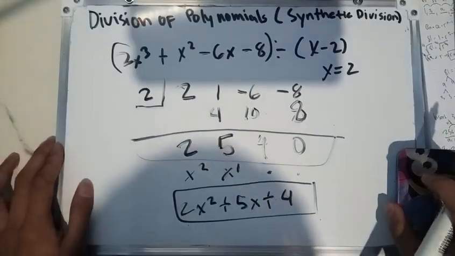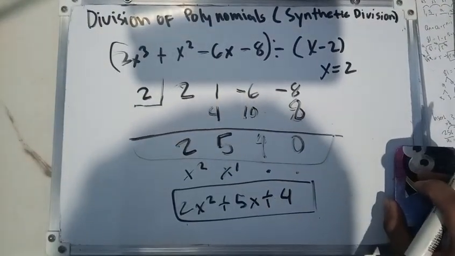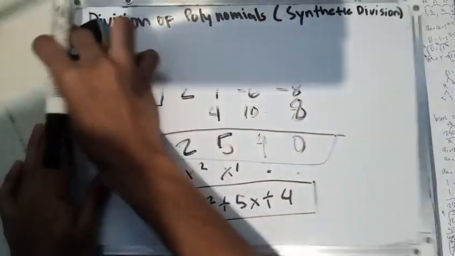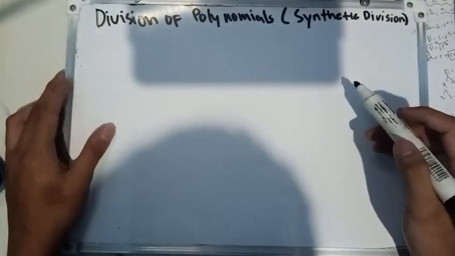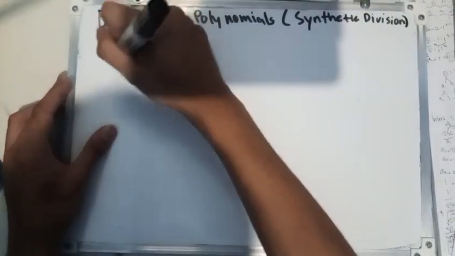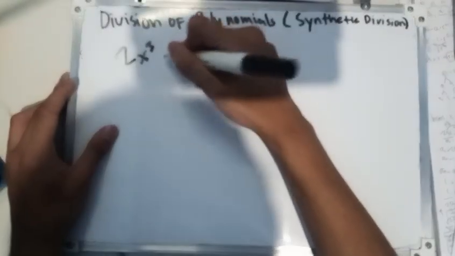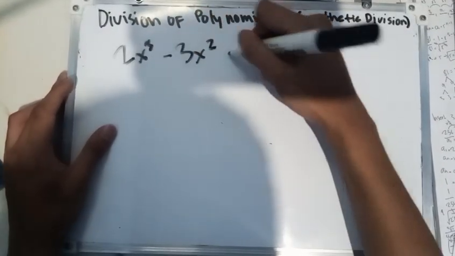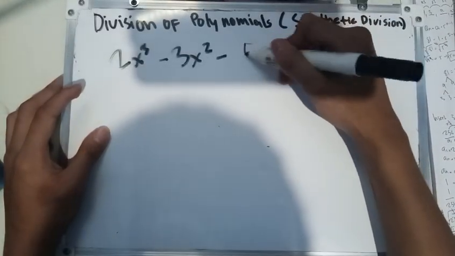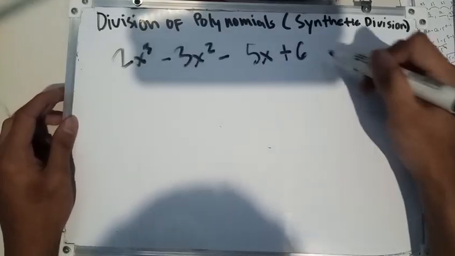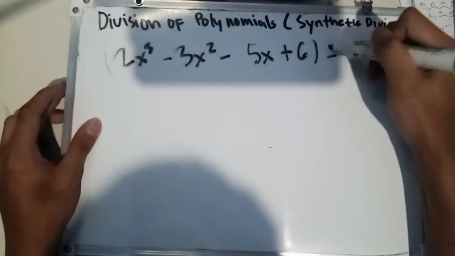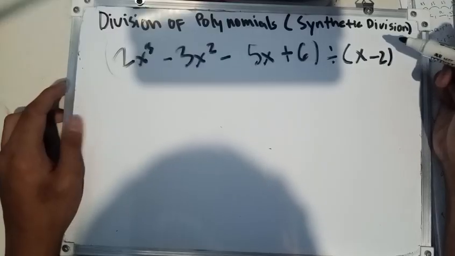Okay, so let's try another example. Let's say we have an operation like this: 2x cubed minus 3x squared minus 5x plus 6 divided by the value of x minus 2.